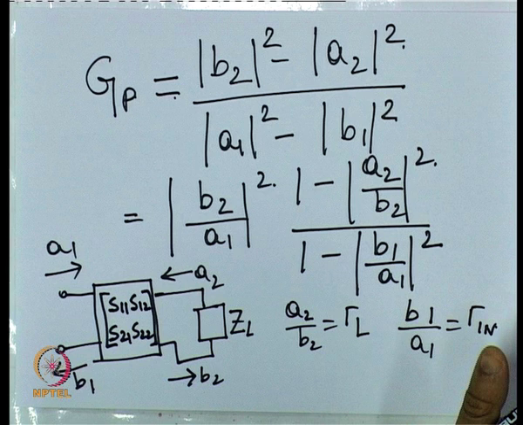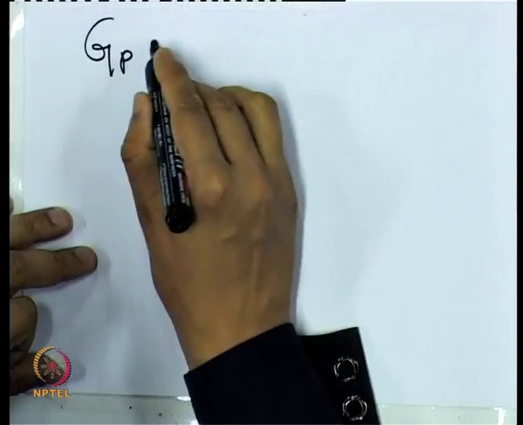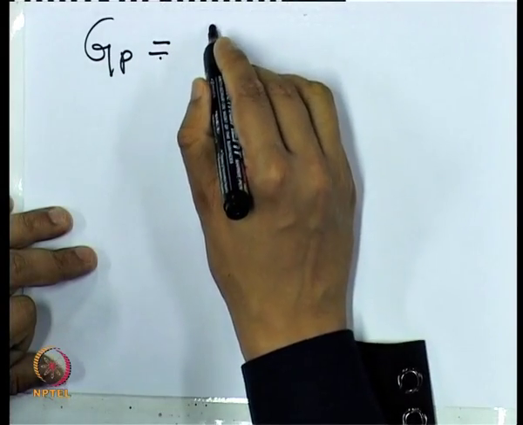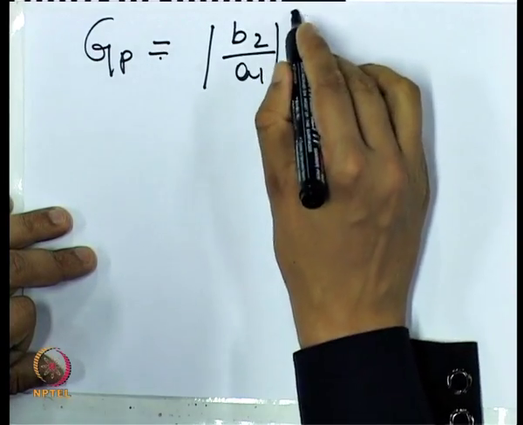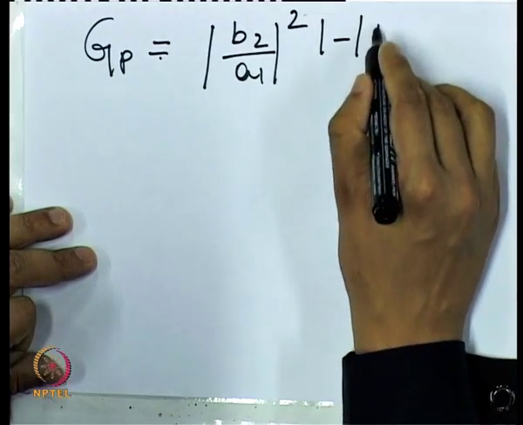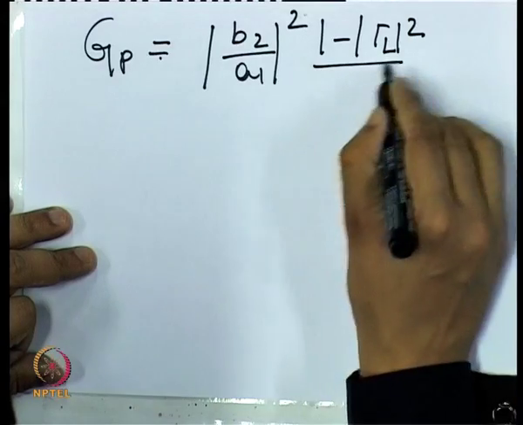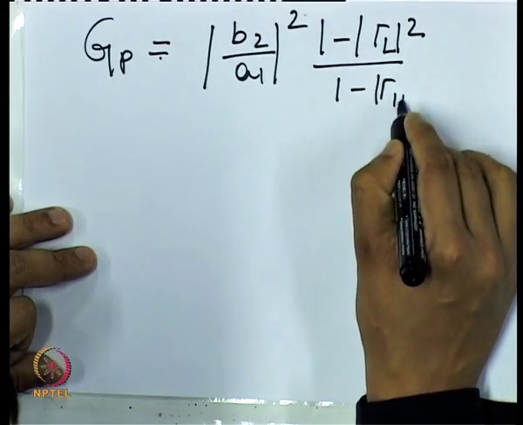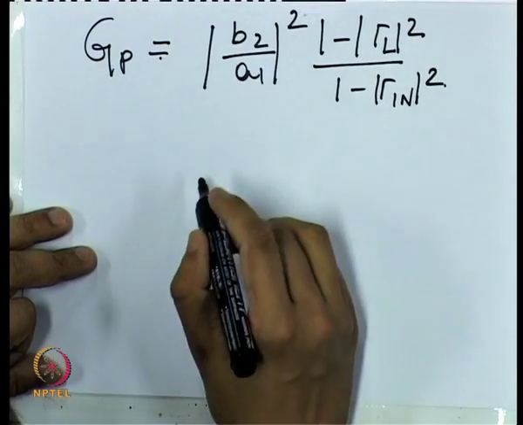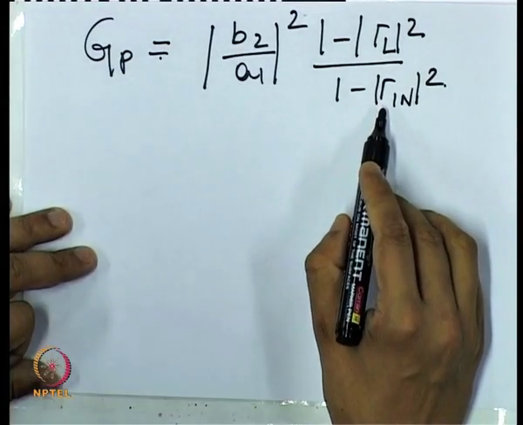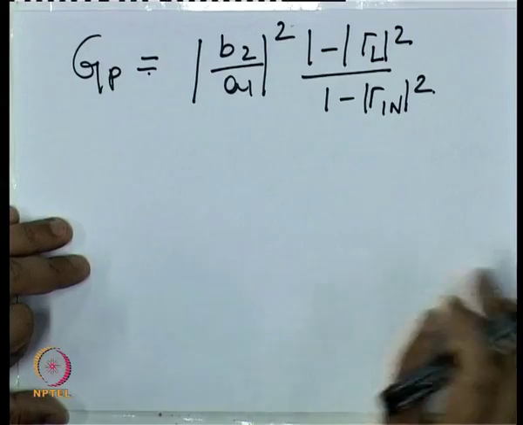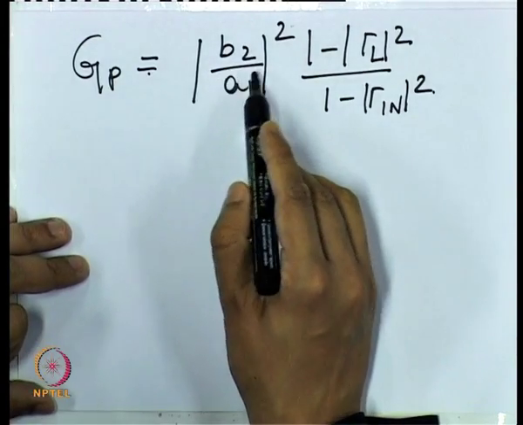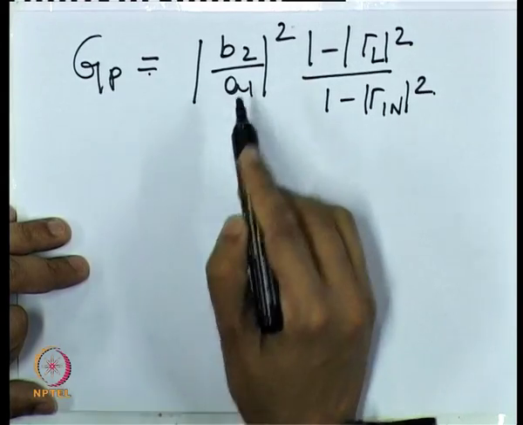Therefore, our equation for Gp becomes... now we have already just now found out the value of this gamma in, and the transmission coefficient B2 upon A1.